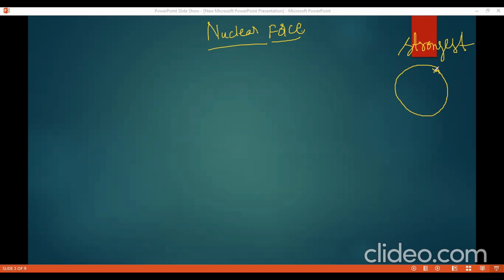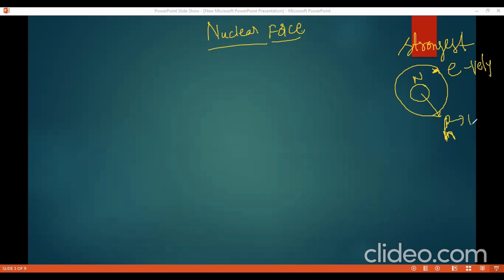Yes, electrons, right? And at the center there is a nucleus, right? The nucleus contains protons and neutrons, right? Protons are positively charged, neutrons are neutral, and electrons are negatively charged.